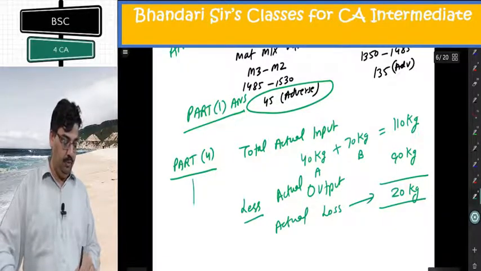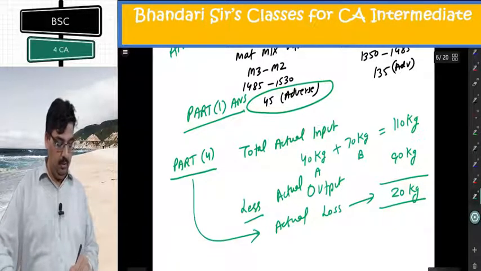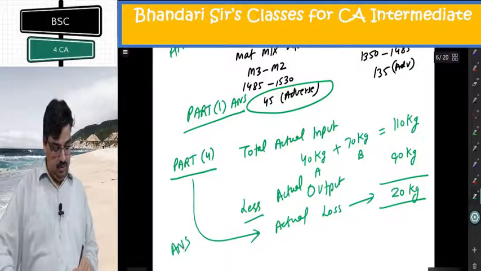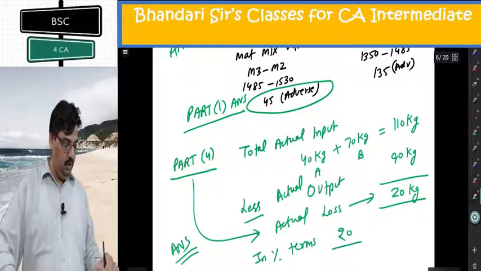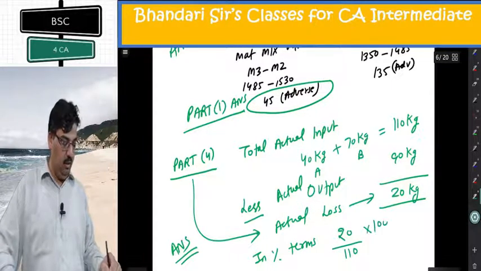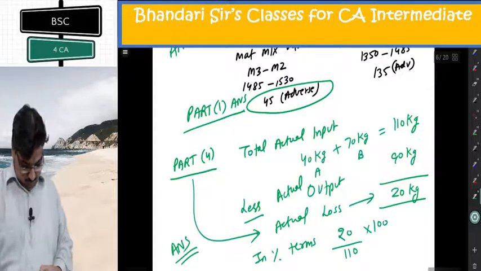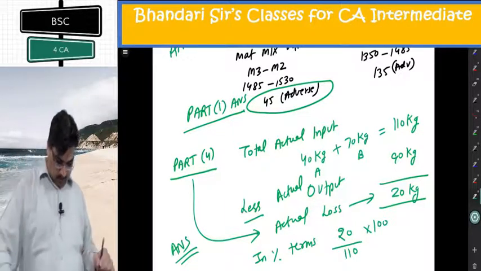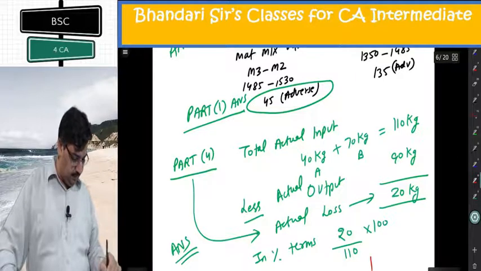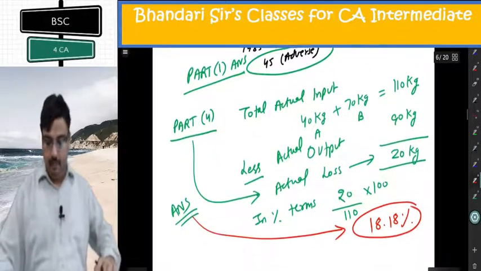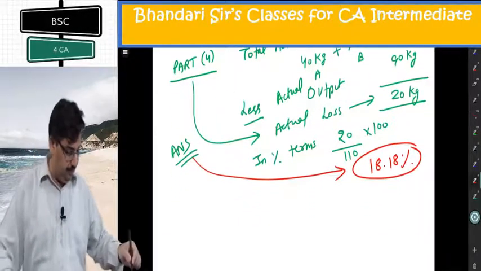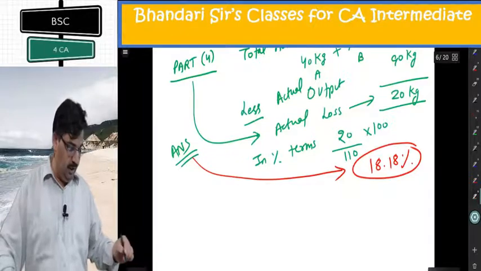Actual loss of actual input. This is answer. In percentage terms, 20 divided by 110 into 100. This is 18.18%. This is also answer, part 4. Part 5. I don't need to compute part 5.